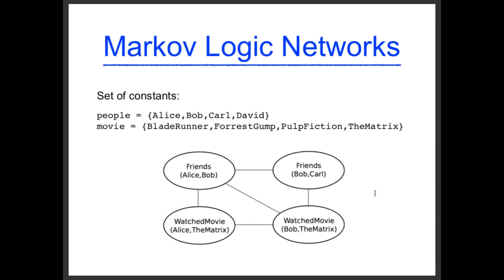Okay, here is the link. The same is for Bob. But of course, I do not have an edge between Watched(Alice, The Matrix) and Friends(Bob, Carl), because there is no such rule which together contains these two predicates. Okay?